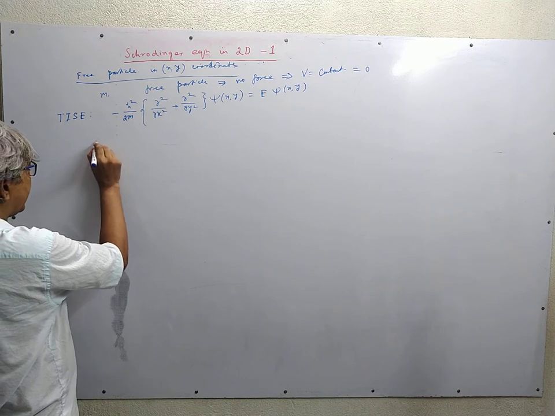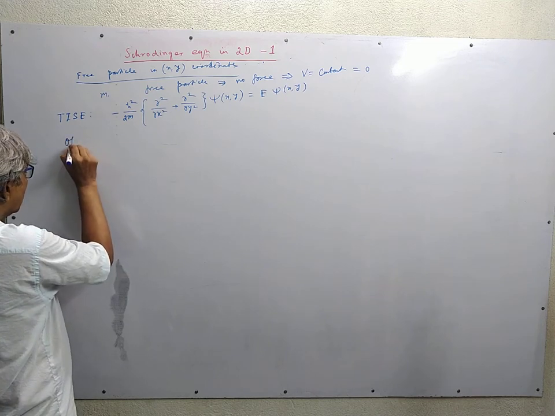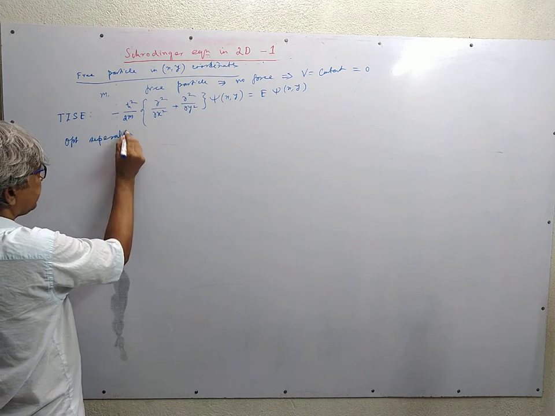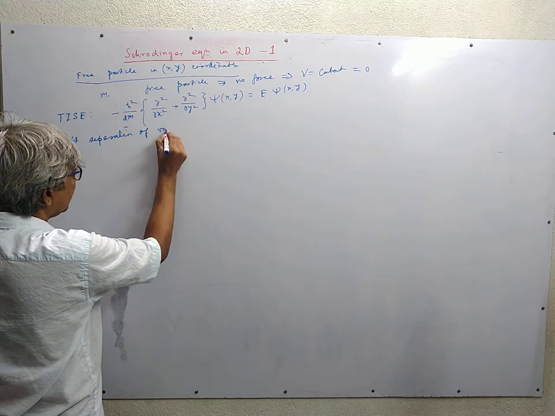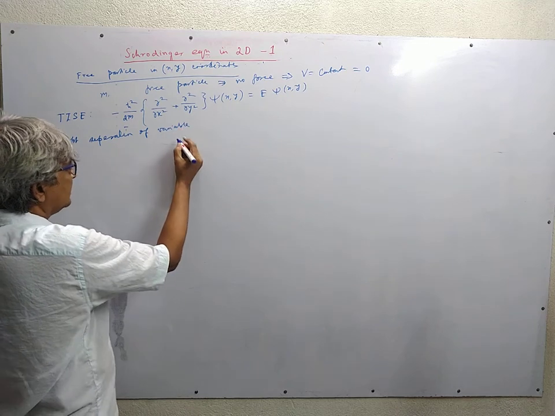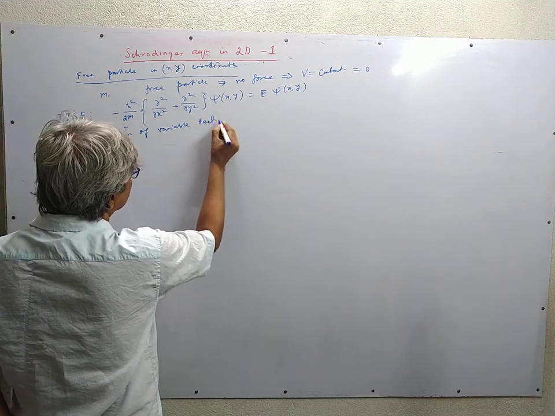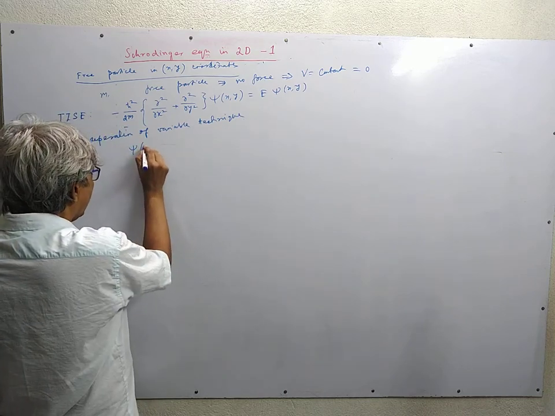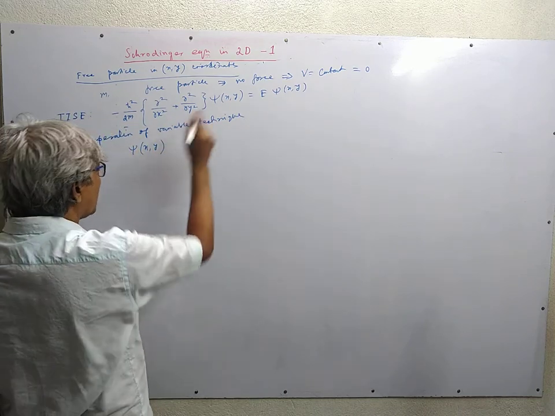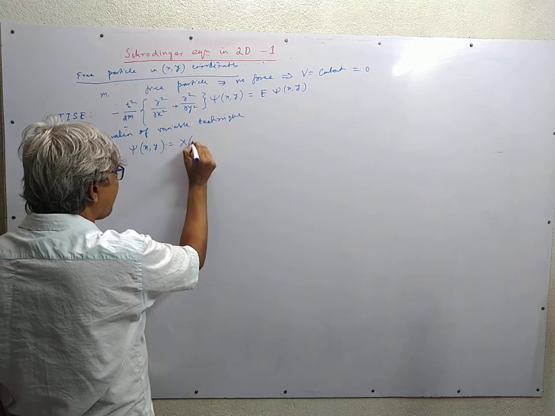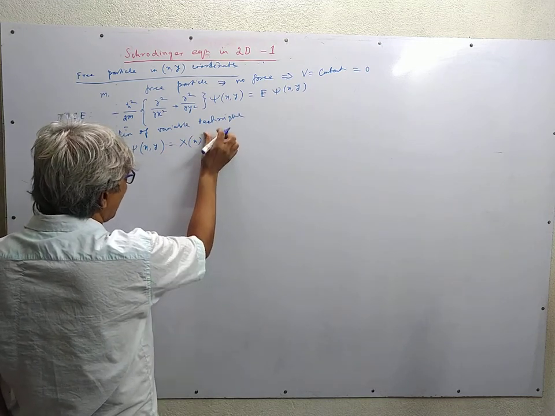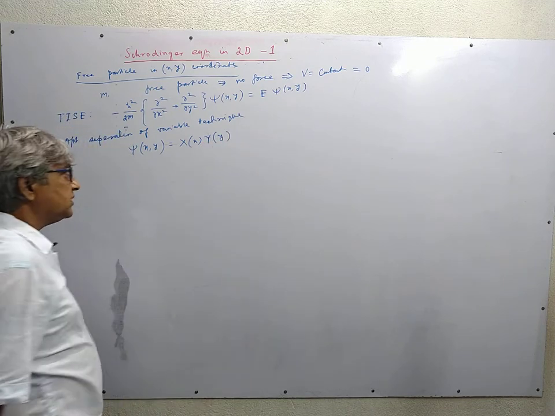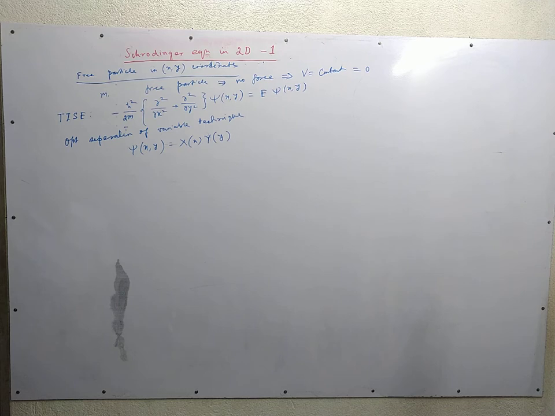Separation of variable technique, we opt for the separation of variable technique. So write psi of x y, the wave function, as capital X of x times capital Y of y, where capital X is a function of small x only and capital Y is a function of y only.